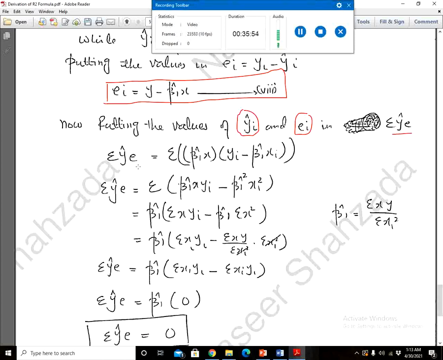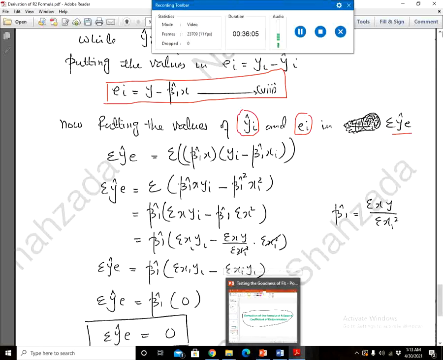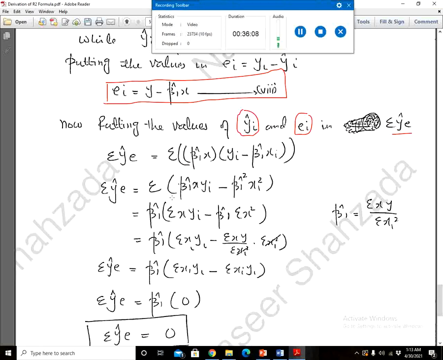Summation y cap e is equal to summation beta 1 x, that is the value of y cap, and this is the value of e, that is y minus beta 1 xi. Multiplying both these values, we multiply beta 1 cap x to yi, that becomes beta 1 cap x yi, minus beta 1 cap x into beta 1 cap x, that is the square of beta 1 and x square.